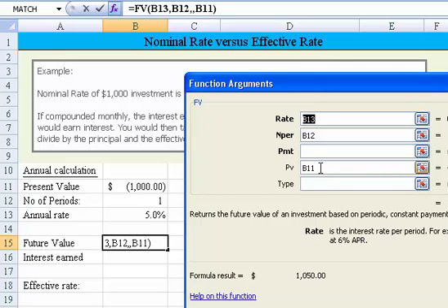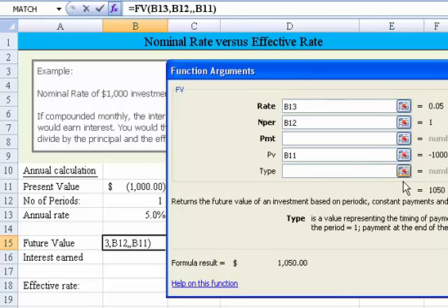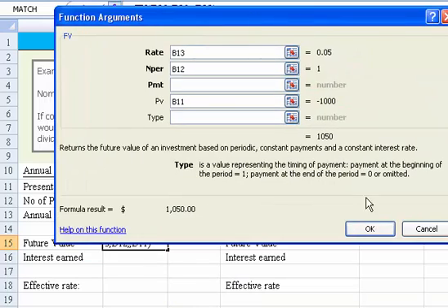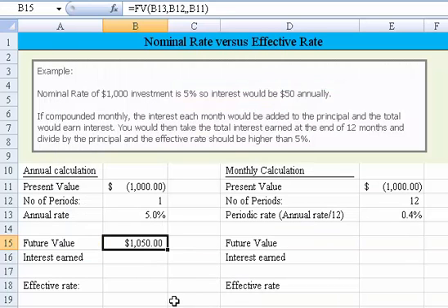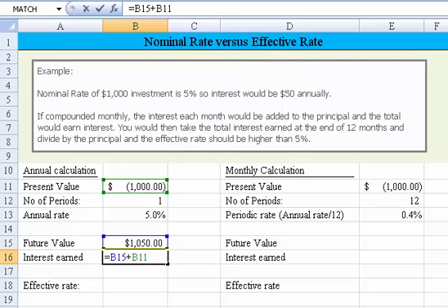There's no payments. We just have the present value of 1,000 that we're giving up. We're giving up $1,000 now. We'll assume it's a normal payment. You can make this 0 or leave it blank, which means it's a normal payment, interest occurring at the end, payments occurring at the end. And then once we have all that information, we hit OK, and we get a future value of 1,050. So to calculate the interest, we simply would subtract the difference.